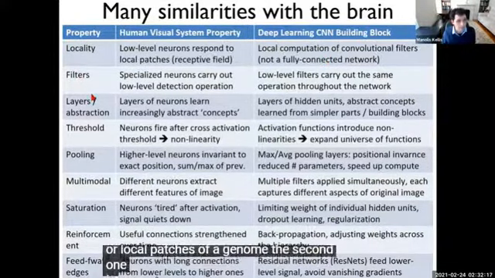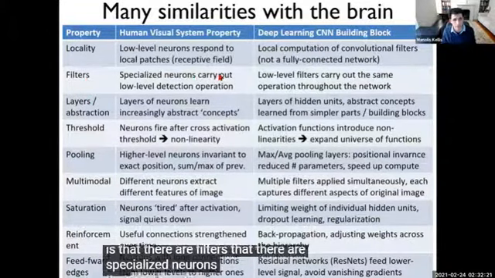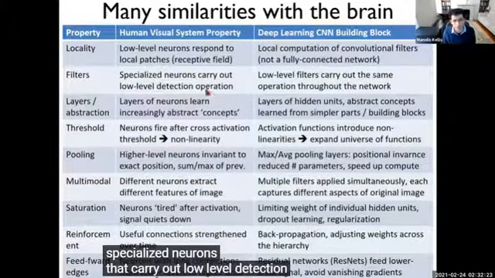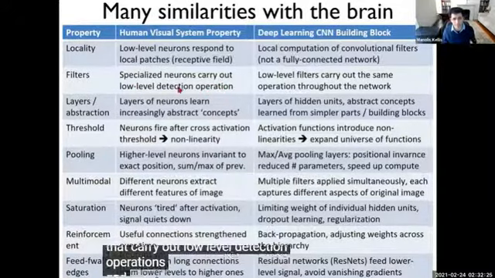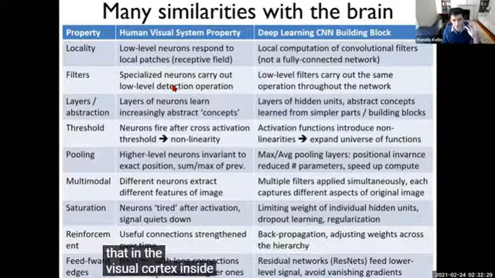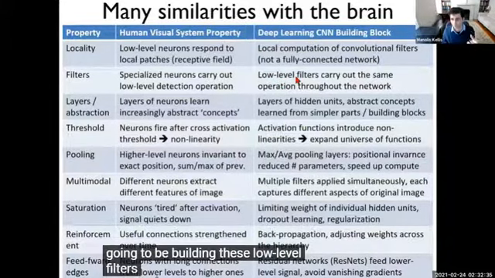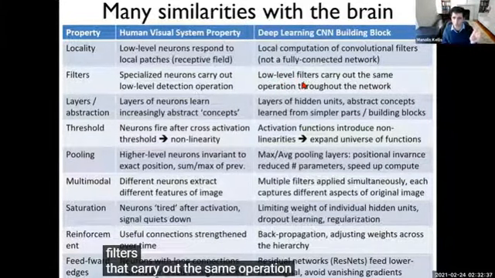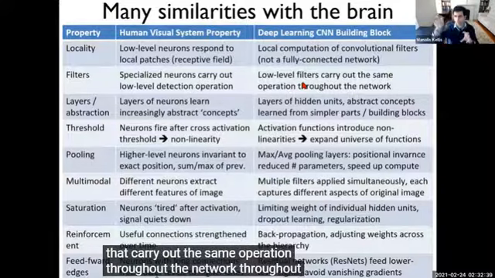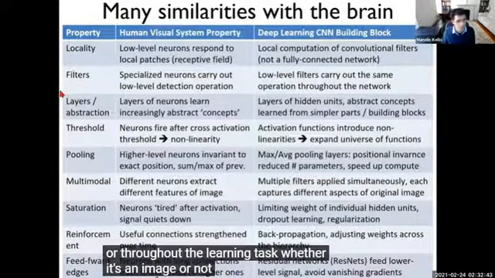The second one is that there are filters, that there are specialized neurons that carry out low-level detection operations. And in the same exact way that we saw in the visual cortex inside your brains, in convolutional neural networks, we're going to be building these low-level filters that carry out the same operation throughout the network, throughout the image, or throughout the learning task, whether it's an image or not.